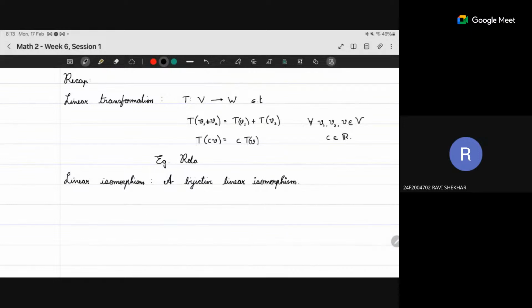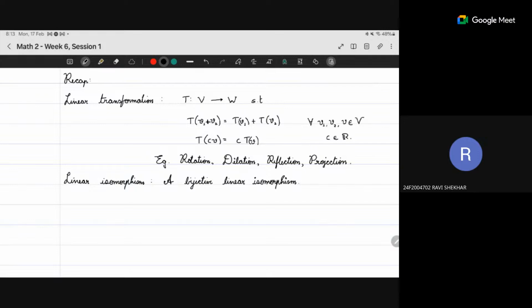Rotation. I don't know if rotation was discussed, but dilation, or scaling, must have been discussed. These are all on Euclidean spaces. You can look at reflection also. All of these are linear maps. Projection.